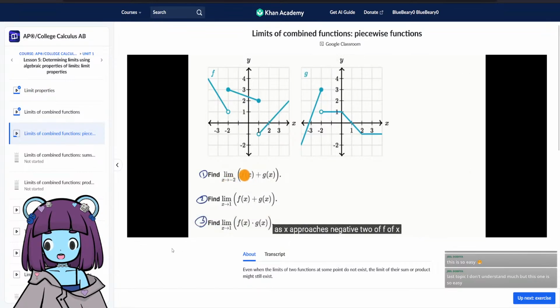So we'll use piecewise functions. Oh, interesting. We'll do it on piecewise functions. Can't find the limit. Yeah, so that one doesn't exist.